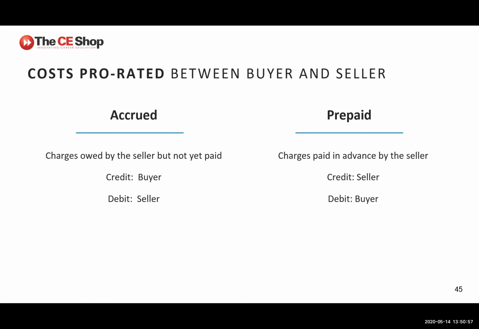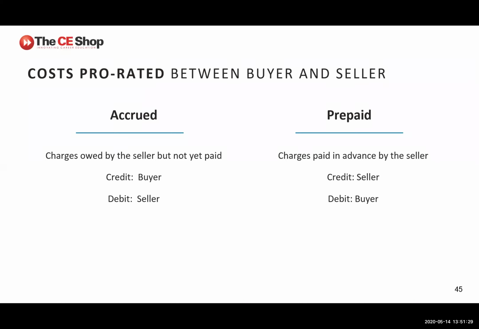If you have an accrued situation, that means your tax bill is paid at the end of the year in December, and you're paying for everything for the year that's already ended. So in that case, the seller is going to owe money to the buyer, because whatever day it closes, for that amount of time, the seller was in the house.